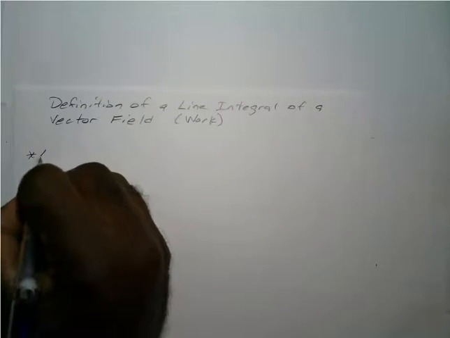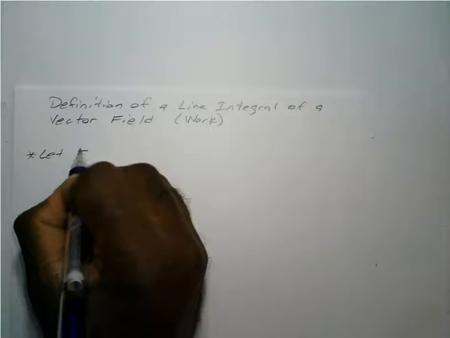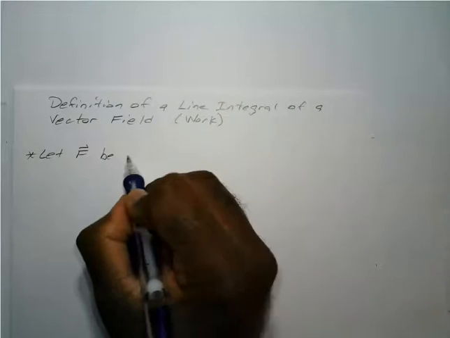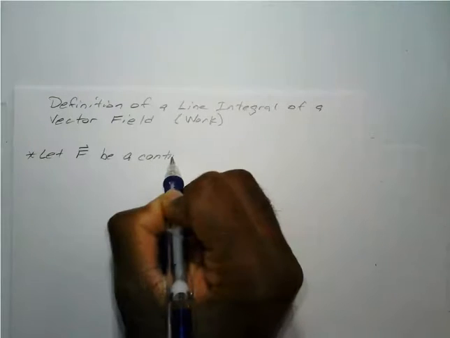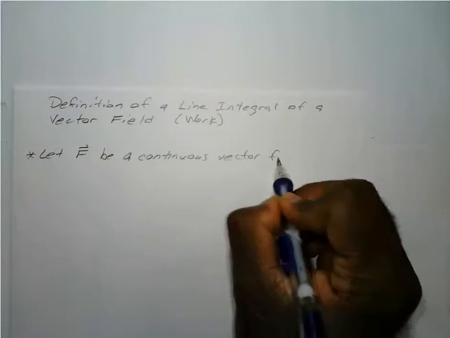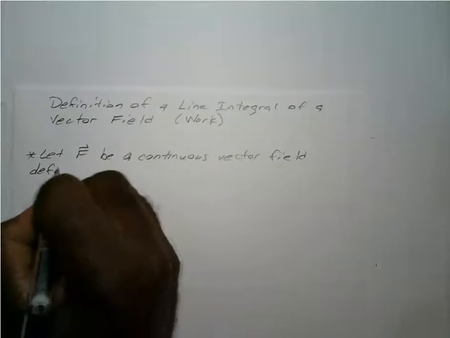All right, so what if we let our F be a continuous vector field defined on a smooth curve?